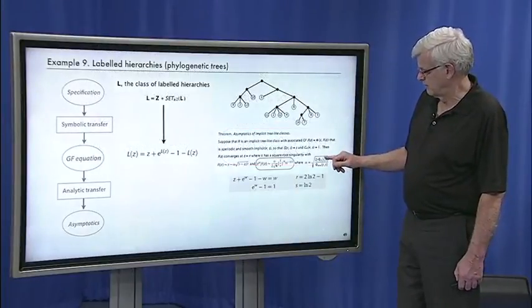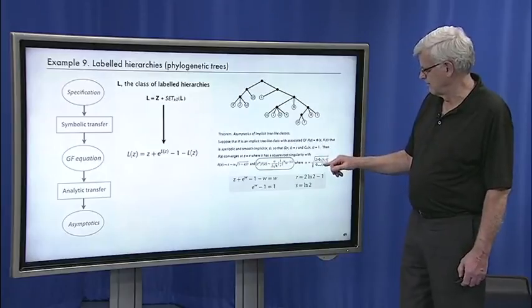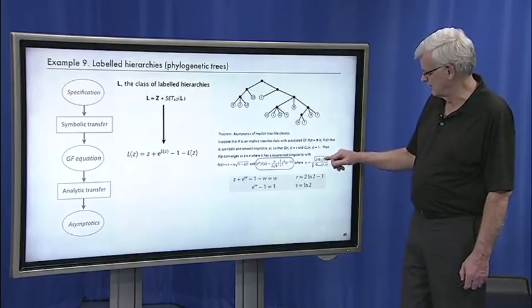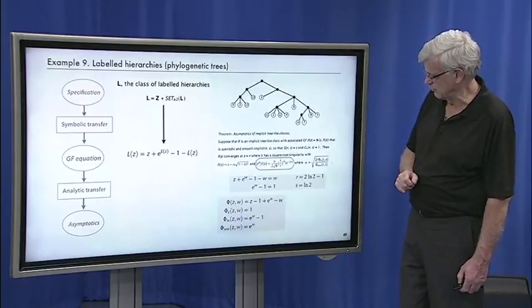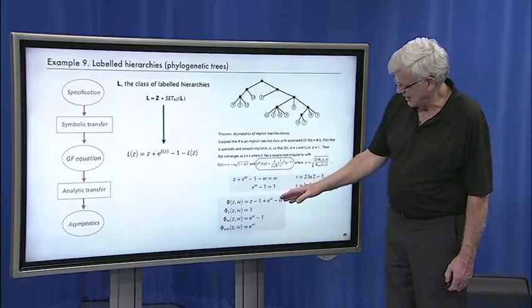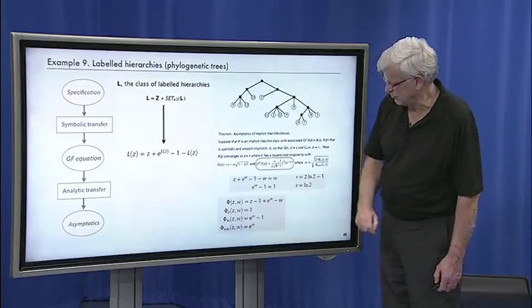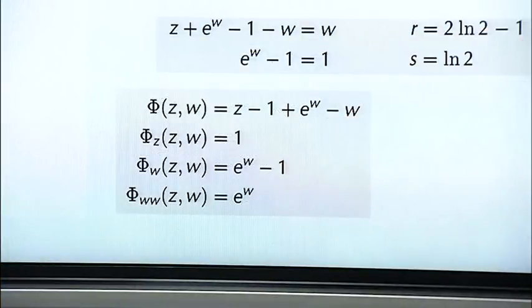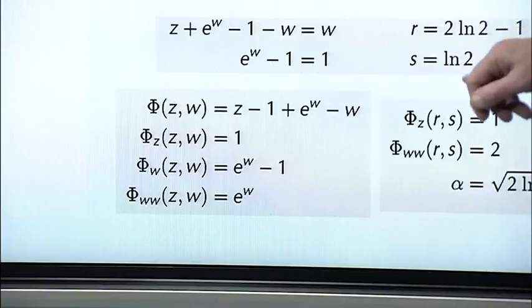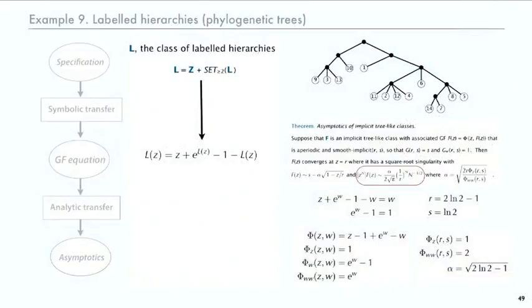So now we compute the other derivatives: a derivative with respect to z of the characteristic equation evaluated at r and s, and a second derivative with respect to w. So those are the calculations. The derivative with respect to z is just 1. The first derivative with respect to w is e to the w minus 1. The second derivative is e to the w. Plug in those values of r and s. The second derivative with respect to w at r and s, where w is log 2, is just 2.